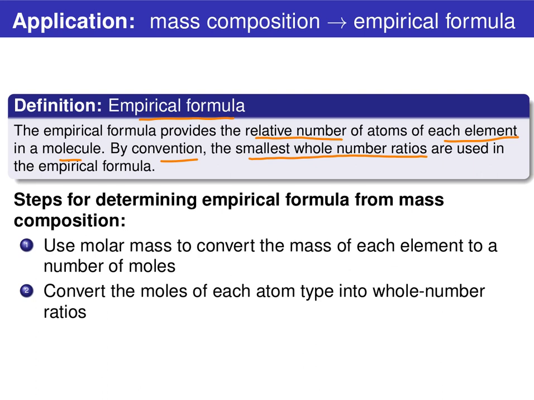The first step is you're going to use the molar mass to convert the mass of each element into the number of moles. Then we're going to convert the moles of each atom type into whole number ratios. So you've got to go from mass to moles, and then determine the smallest whole number ratio in those ratios of moles.